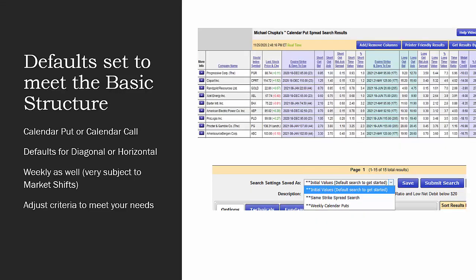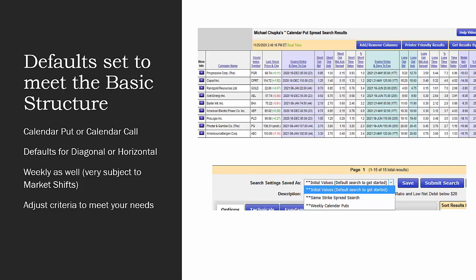All right. Well, that's just sort of the basic review that we wanted to cover for Fernando that we didn't get a chance to on Friday regarding the diagonal calendar put spread. We have defaults set, as you saw, to meet the basic structure, the initial values for the calendar diagonal put spread, the same strike spread for the calendar horizontal spread, and there's even a default there for weekly calendar puts, looking 2 to 10 days out in time for the short option and about 40 days out in time for the long option.